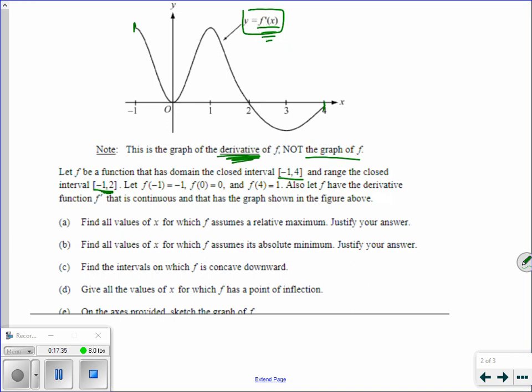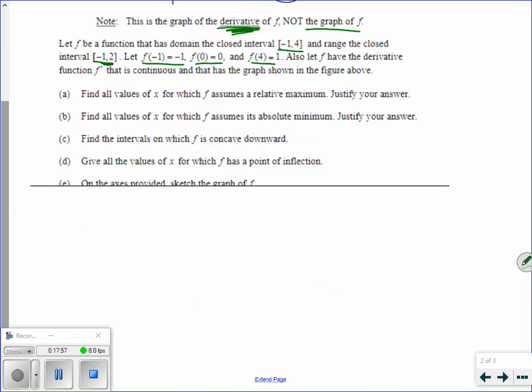We're going to let f of -1 be -1, f of 0 be 0, and f of 4 equal 1. So we're going to keep all that in mind. And also let f have the derivative function f prime that is continuous and has the graph shown in the figure above. So all that's information overload now. We'll come back to those pieces of information as we need it. So let's see if we can do this problem.